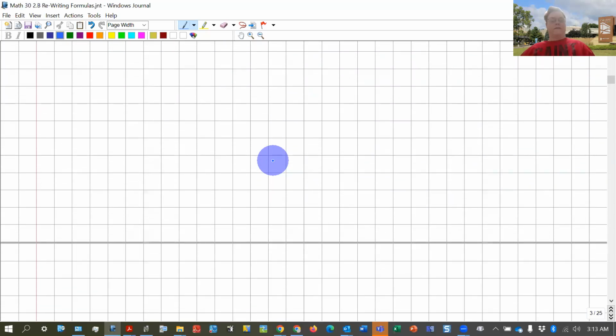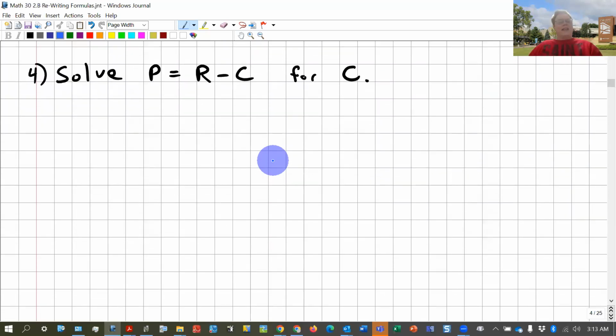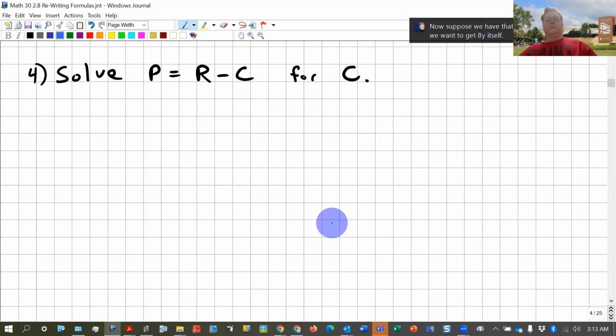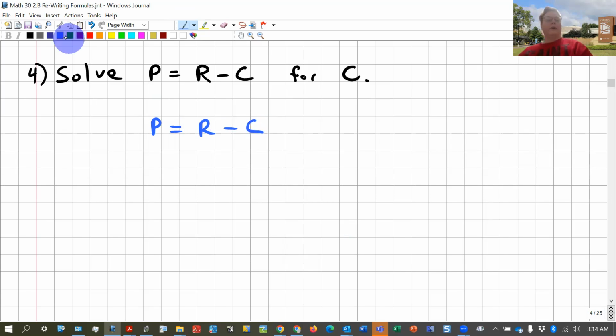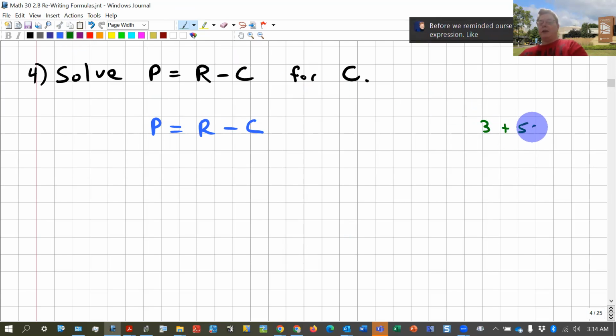Now suppose we have that same formula, but this time we want to get C by itself. Before, we reminded ourselves that if we had an expression like 3 plus 5x, we usually prefer that to be written 5x plus 3.